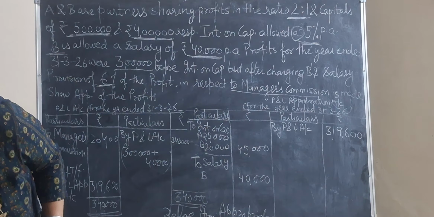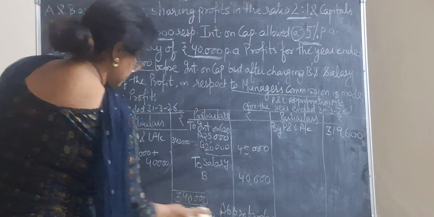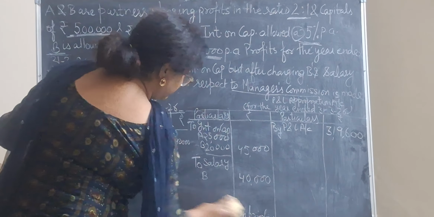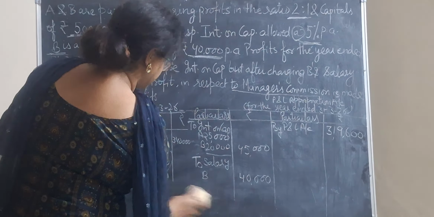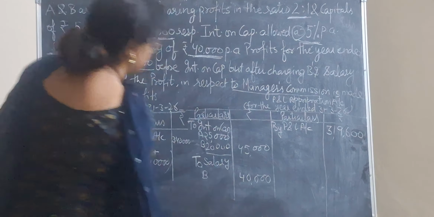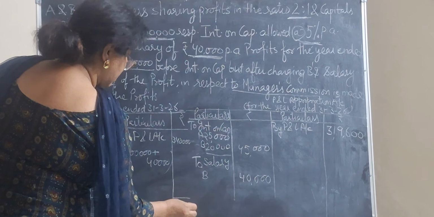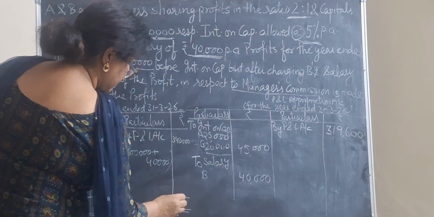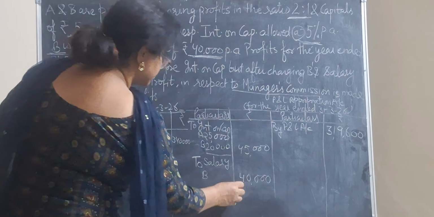Only two things are there, so we have to make provision for two things only: interest on capital and salary. The manager's commission is to be shown in the P&L account. So the rest will be profits.